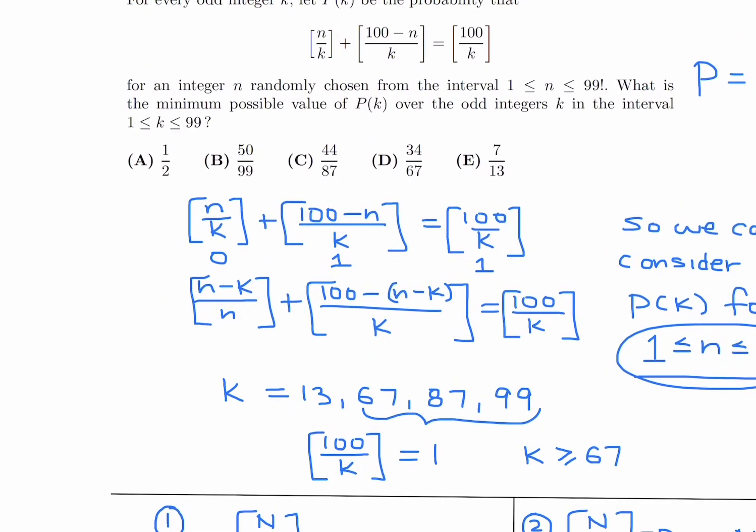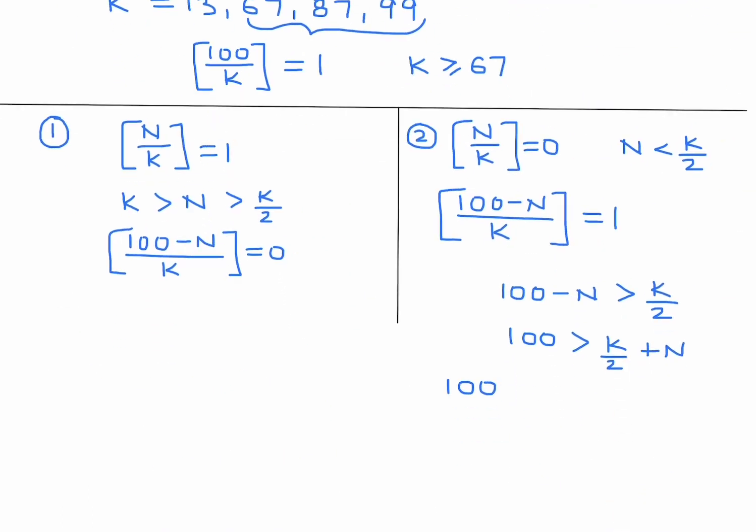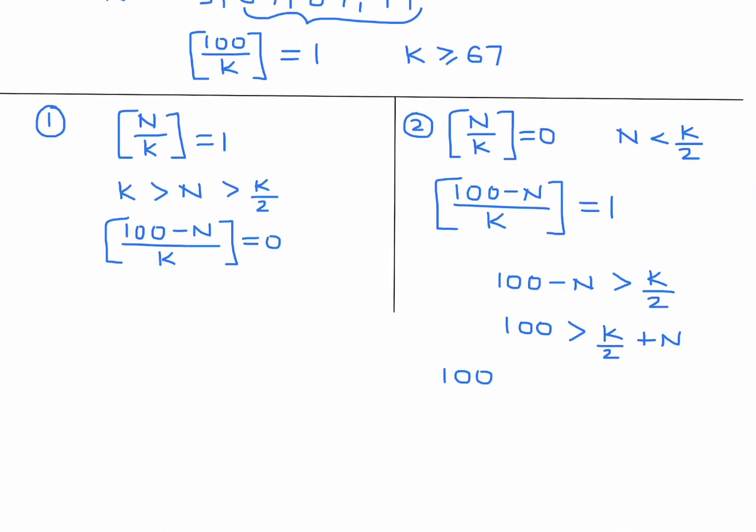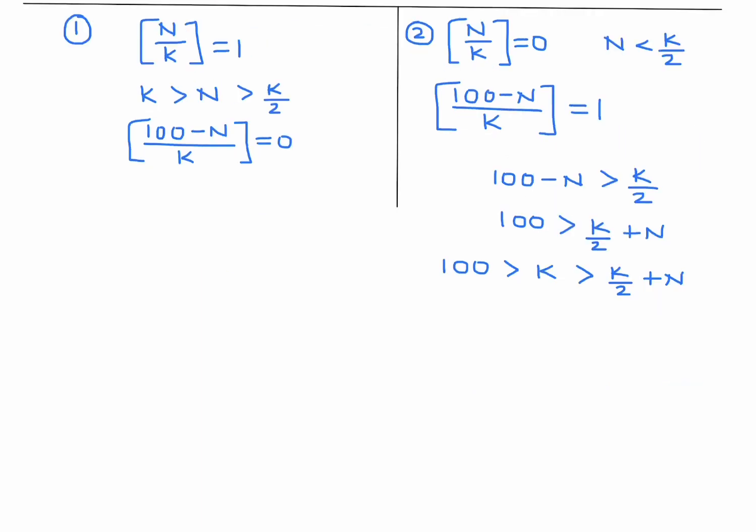considering the fact that k is less than 99, then you can substitute k here. It's always going to be less than 100, because it's less than or equal to 99. And then that is always going to be greater than k over 2, and also greater than k over 2 plus n. The reason this holds true is because of this condition that we had set earlier.